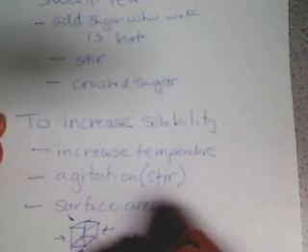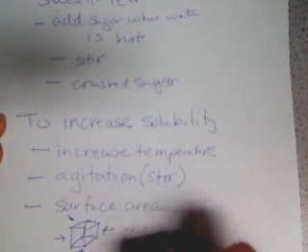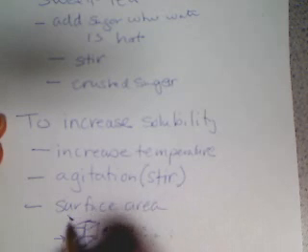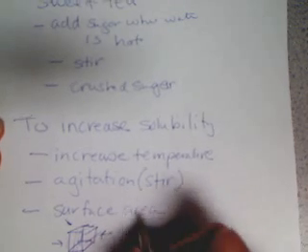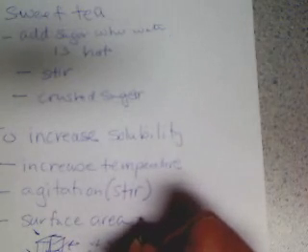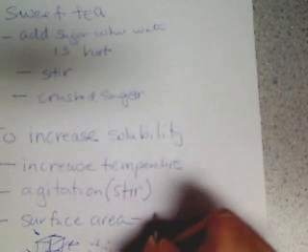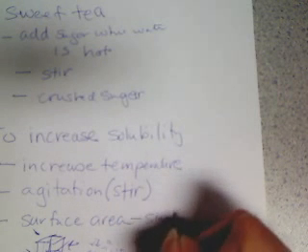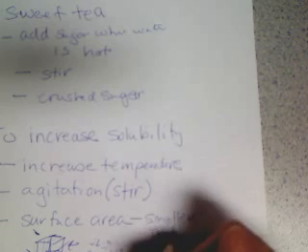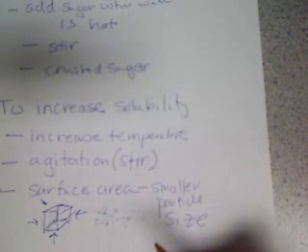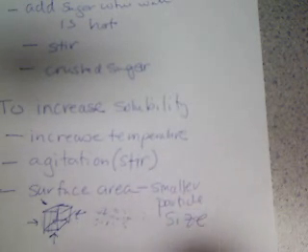But if I break this up into all these little particles, and it sits on the bottom, and then I stir it, every one of these particles is going to come in contact with water molecules, not just the ones on these surfaces. So if we increase surface area, we want increased surface area or smaller particle size, okay? And all of these are factors that are going to help things in a solution become more soluble, okay?